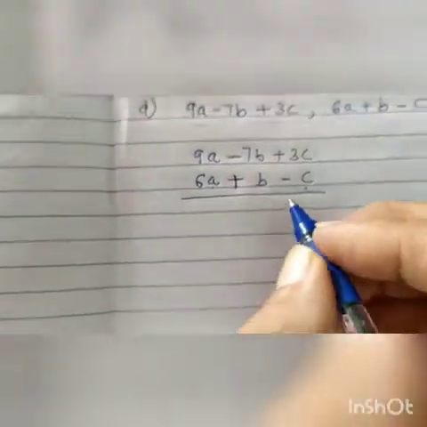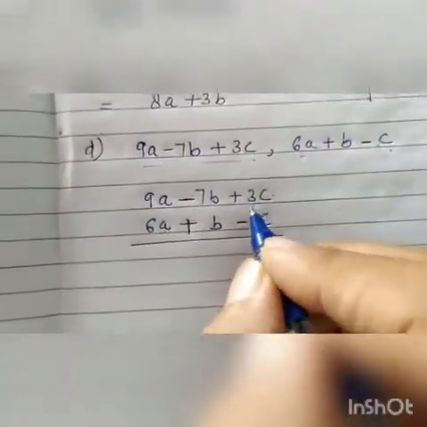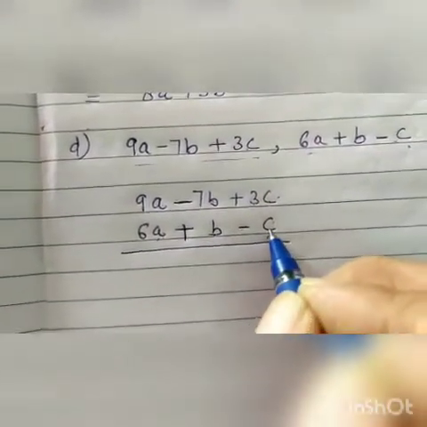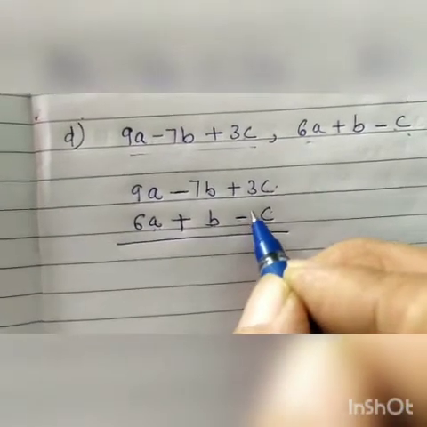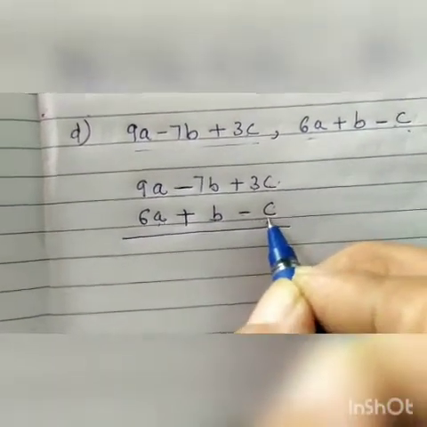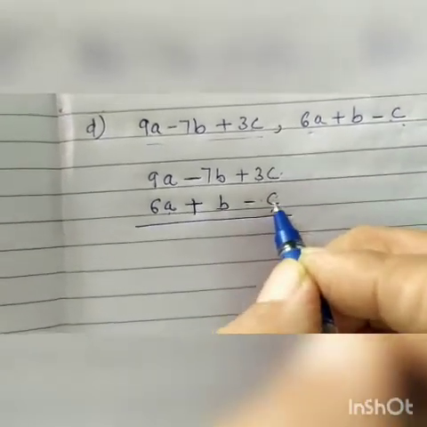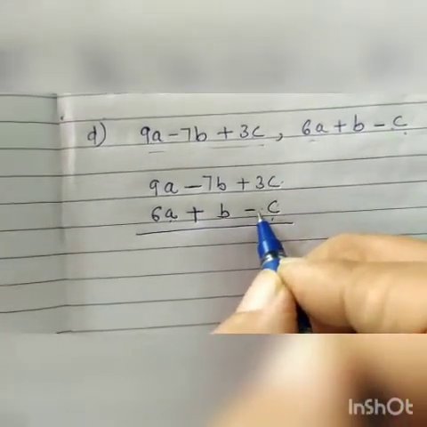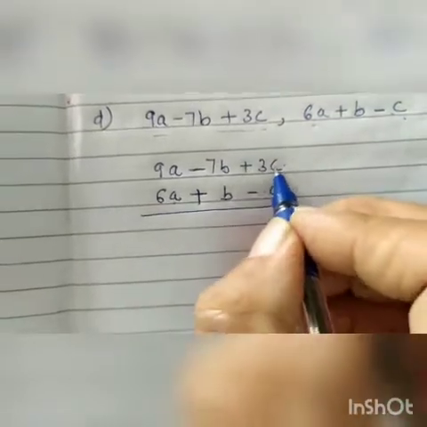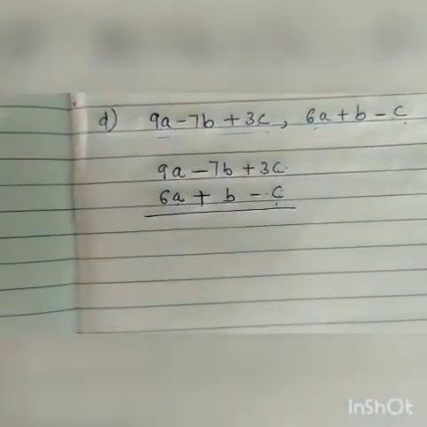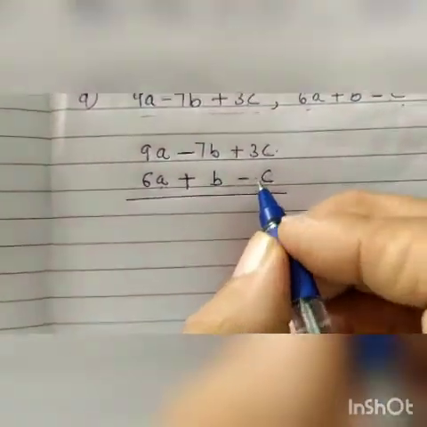Now solve it, simplify it. Again we will apply the same method. Plus 3c minus c. Minus c, students, will be read as 1c. In algebra we do not write 1 with a variable. If there is any variable we do not write 1. So plus 3c minus 1c. If there is no numerical value, it will be considered as 1.